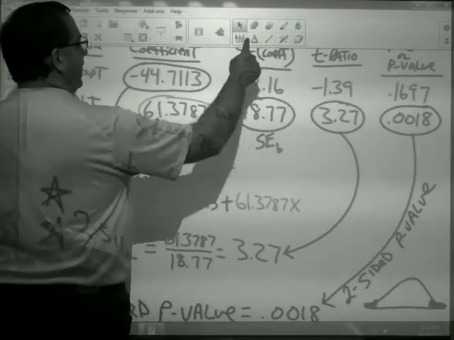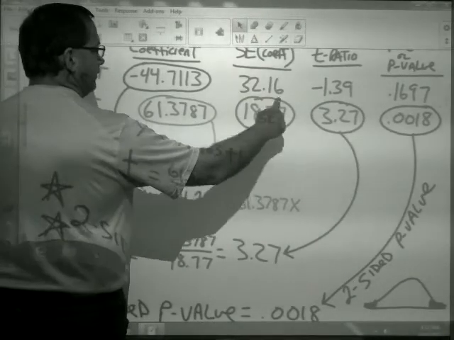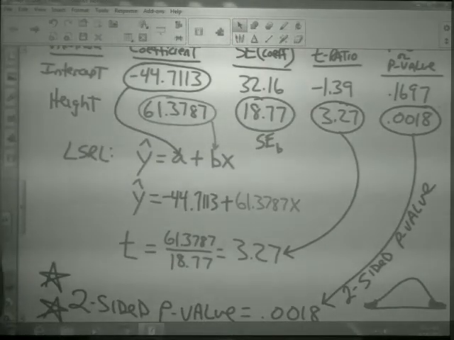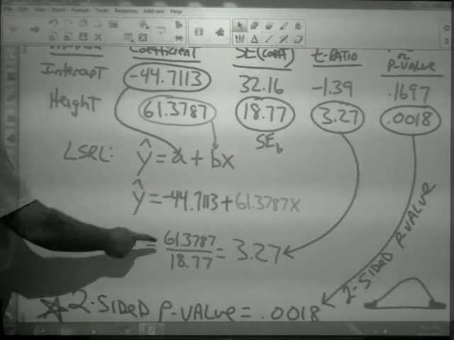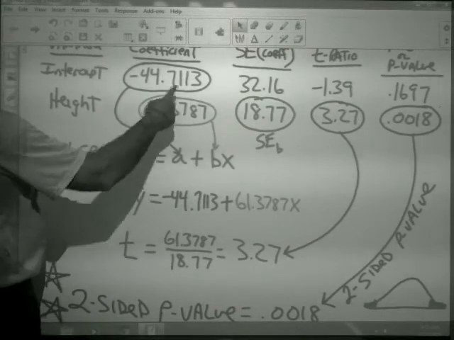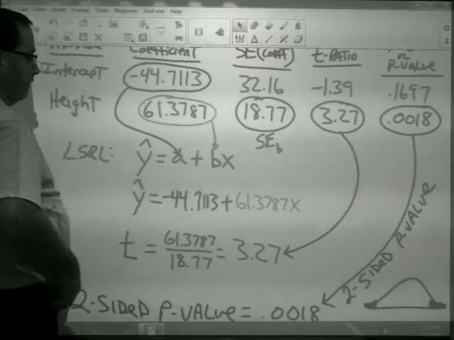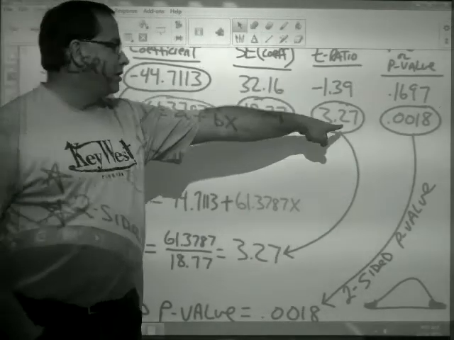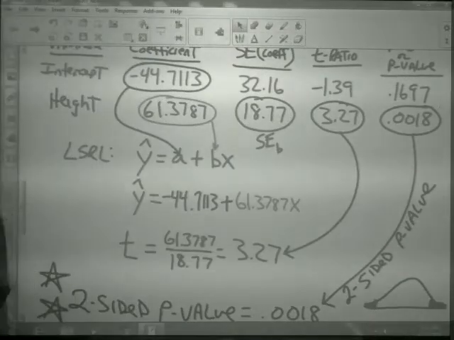Well, the standard error of the slope is given to us right here. Standard error beta, 18.77. All right? So when I want to try to create a t value, I take beta divided by SE beta, and I can get my t value. I don't really need to do that by hand because, lo and behold, it gives me a t value for the slope, 3.27.